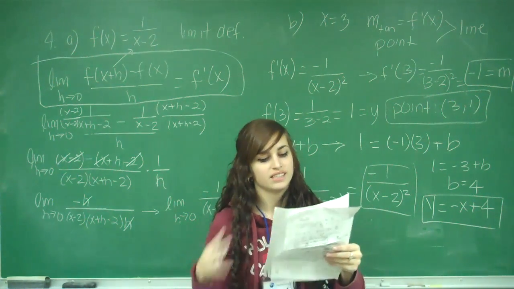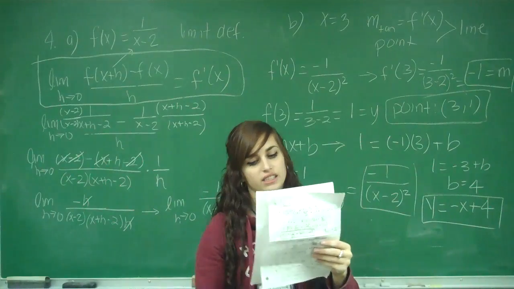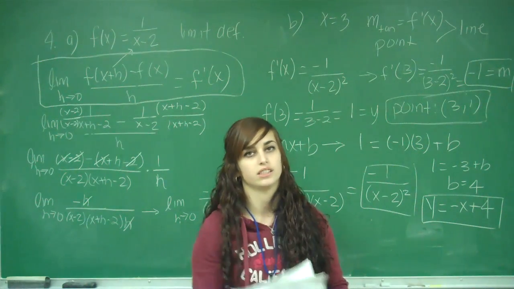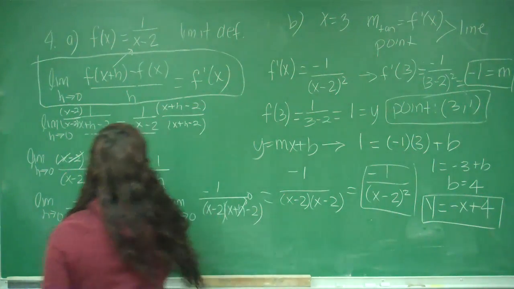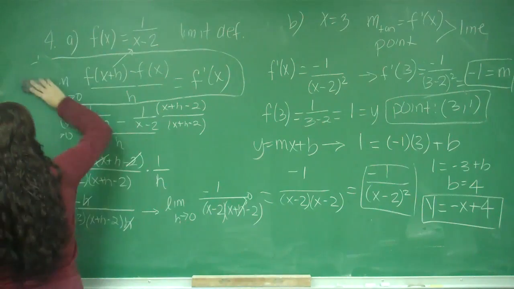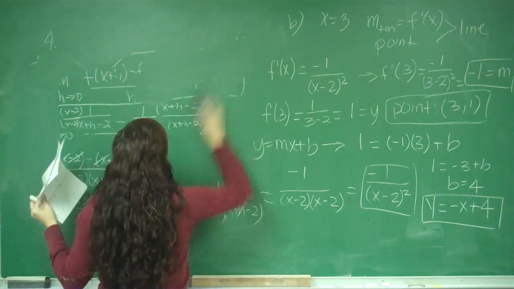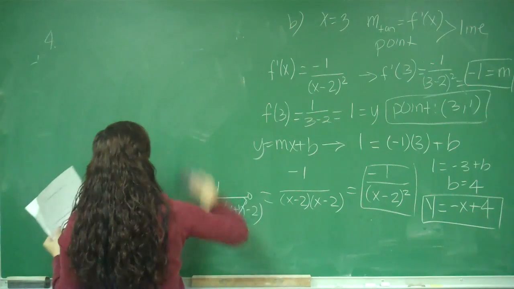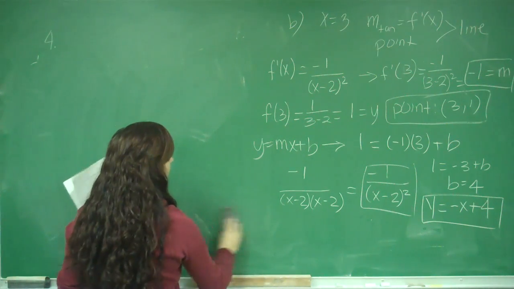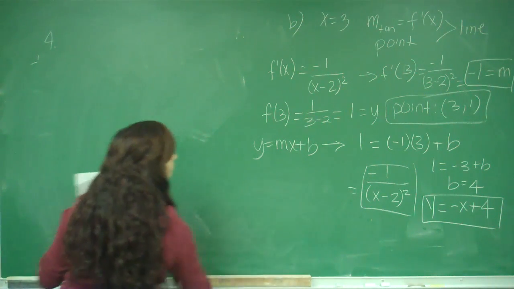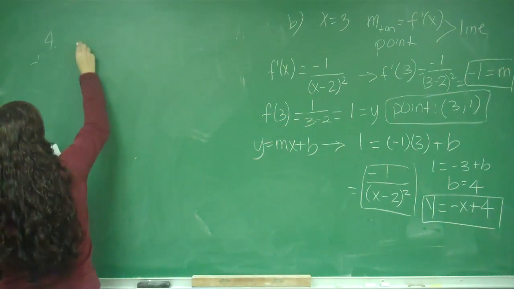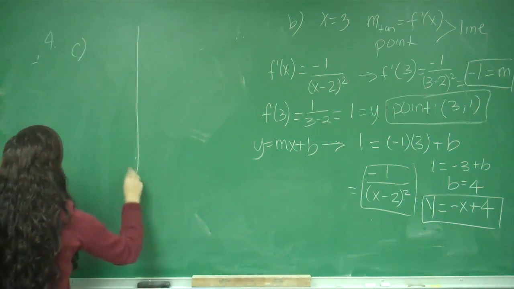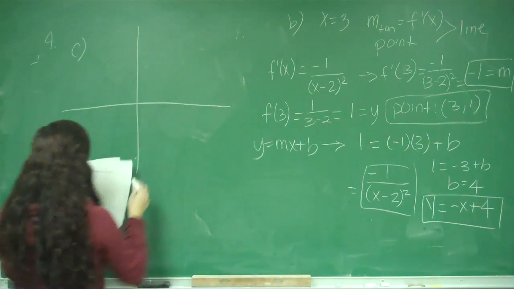And then part C says to sketch f of x and its tangent line and show the y-intercept of the line. So let's do that. So part C is graphing, and I'm just going to do a rough sketch.